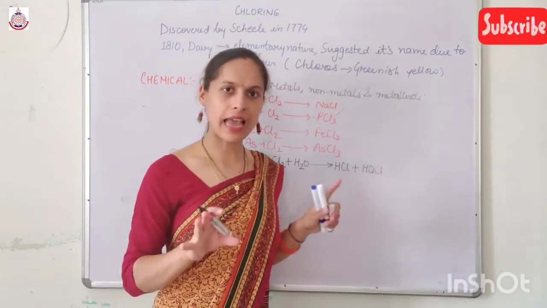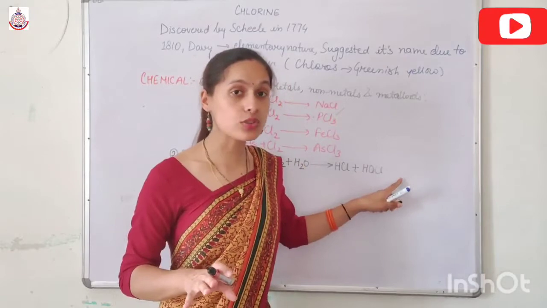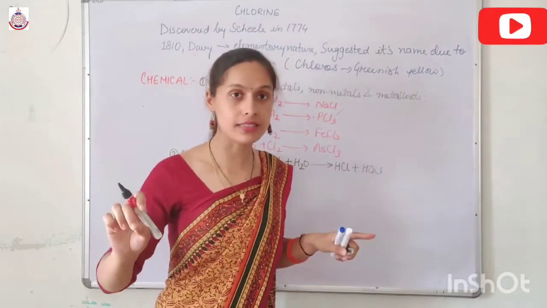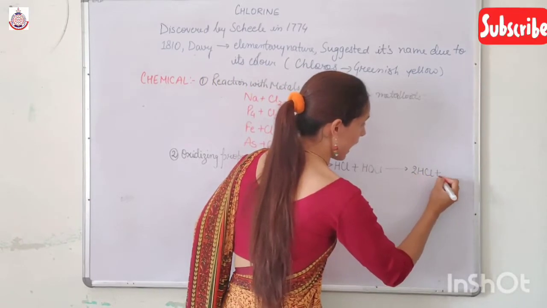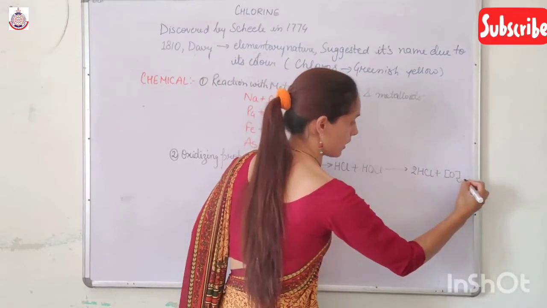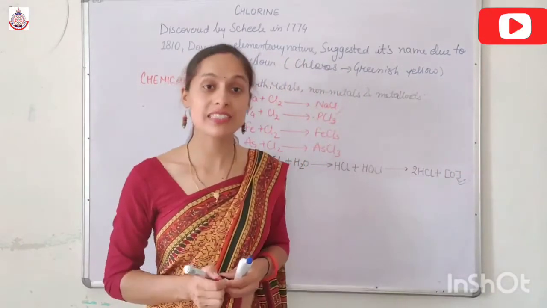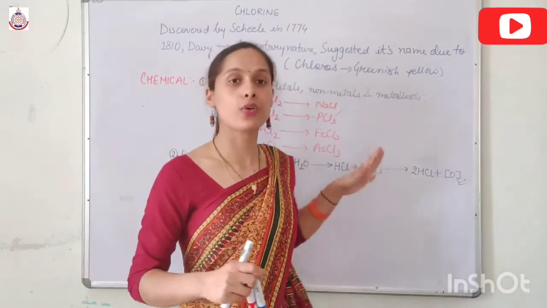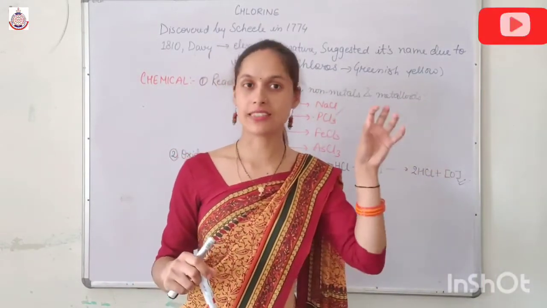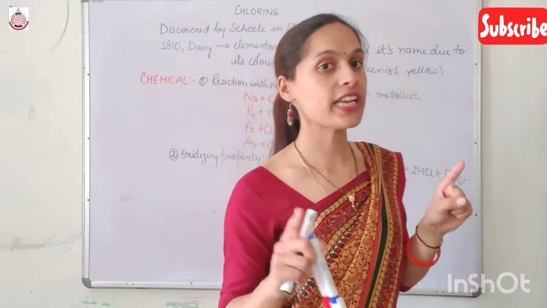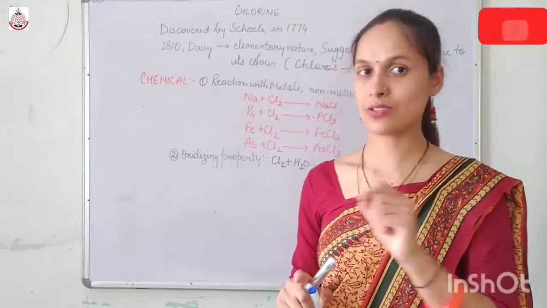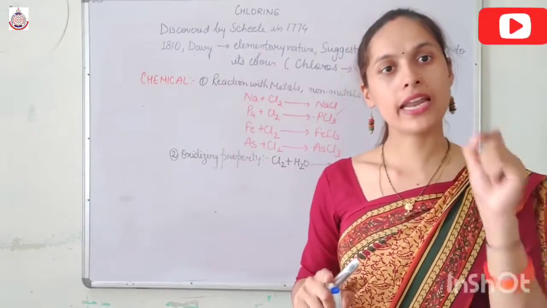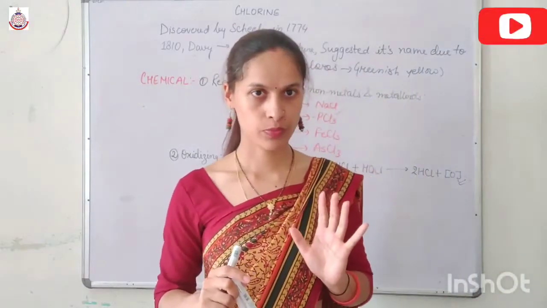Now this HCl is highly stable, but this HOCl is highly unstable. So it readily decomposes to form HCl and release nascent oxygen. And due to the release of this nascent oxygen, chlorine acts as an oxidizing agent. So chlorine acts as a strong oxidizing agent either in the presence of moisture or in its aqueous solution.